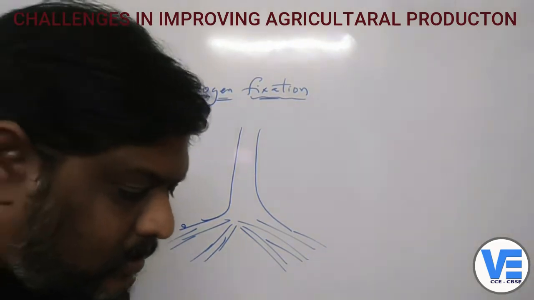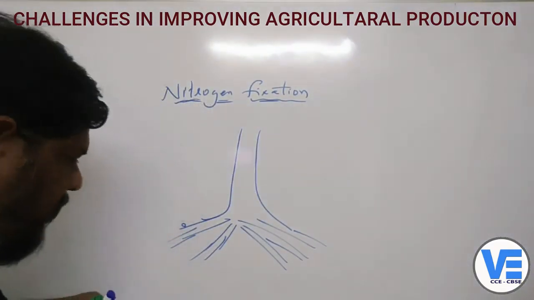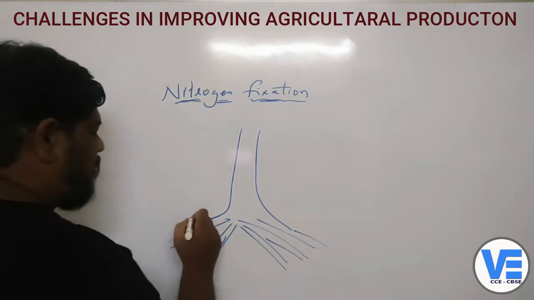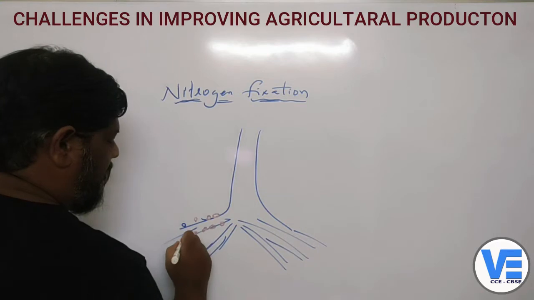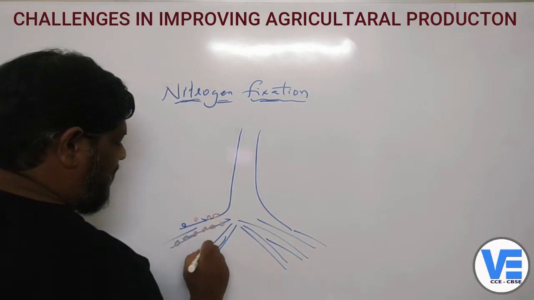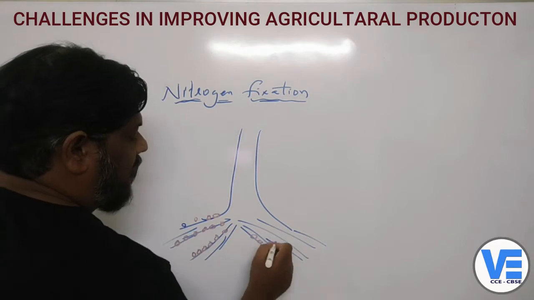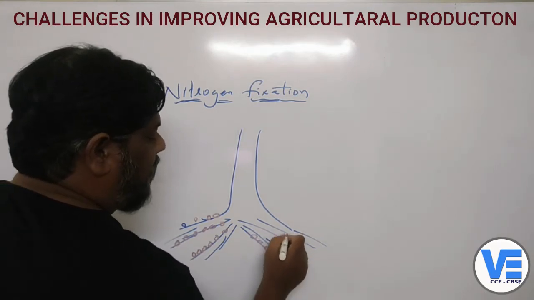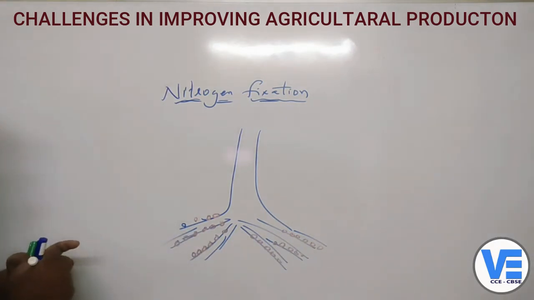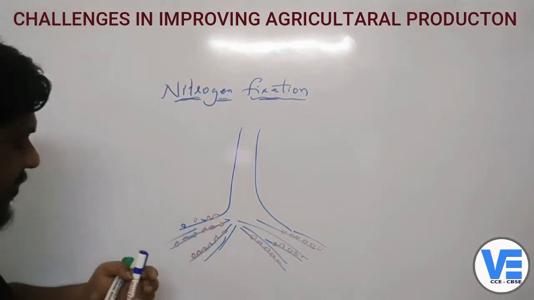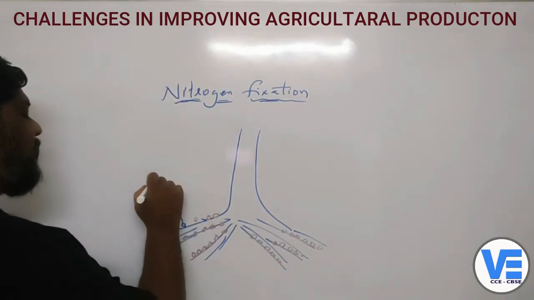You can see nodules on the roots like this, which are called the root nodules. Now, there are several bacteria which reside in the root nodules of these leguminous plants.